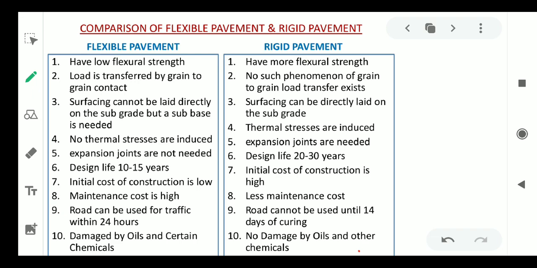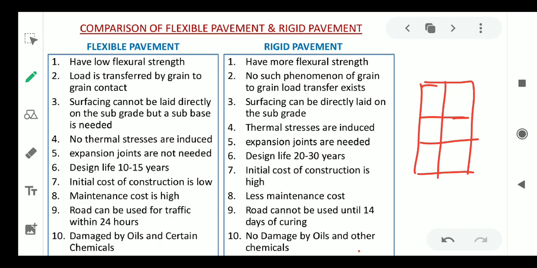So to manage these stresses, joints are provided between the pavements, in longitudinal as well as transverse joints. Because of the thermal stresses, concrete may expand or contract. Suppose there is a high temperature and concrete expands, so there is a gap between the concreting.